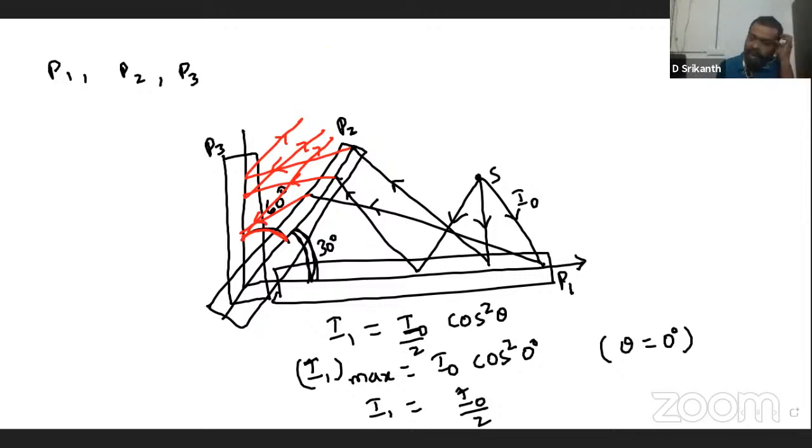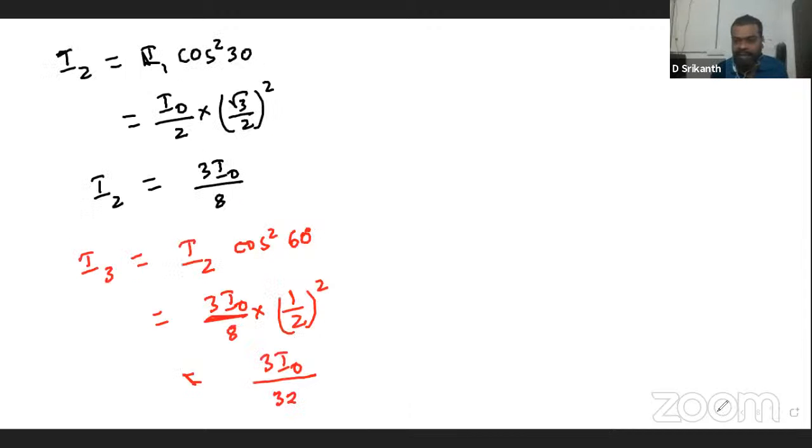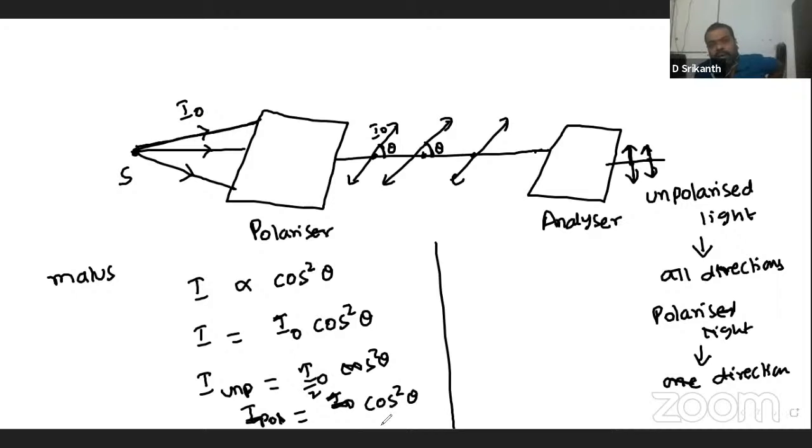So Malus law explains that for unpolarized light, I is equal to I naught by 2 cos square theta, or for polarized light, I naught cos square theta. Please remember this one. In the question, carefully see whether it is polarized light or unpolarized light, because this division by 2 will cause the difference.